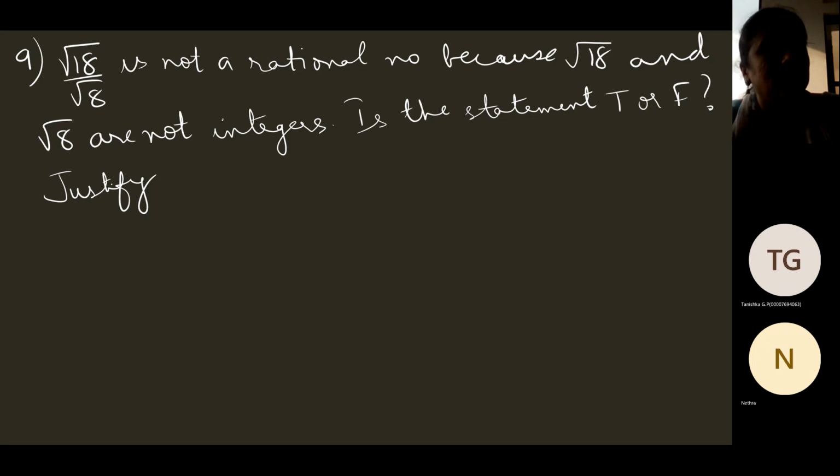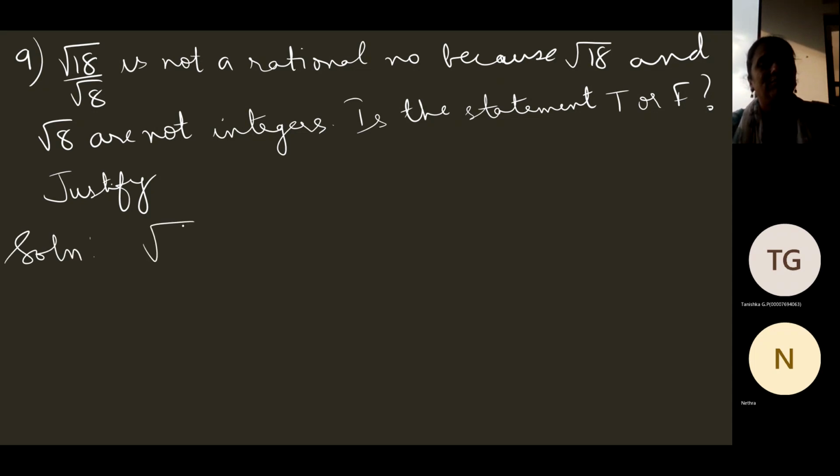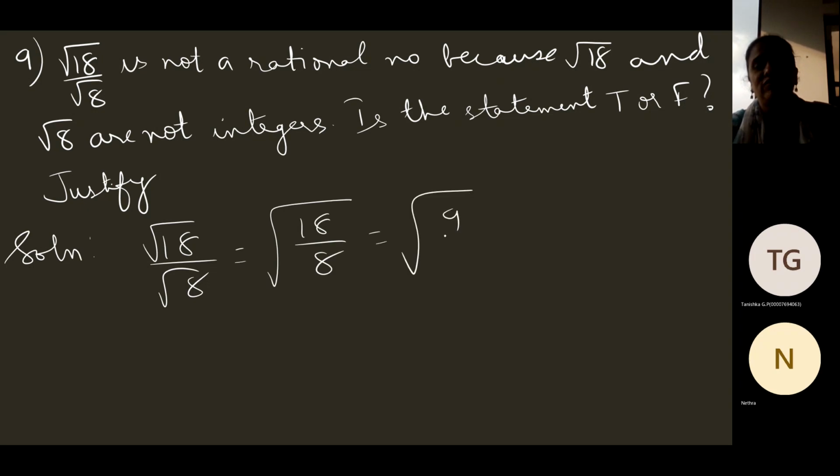Root 8 is not an integer. Because you should always simplify before you comment. Before you comment, you must simplify. Like this, you simplify, which is 3 by 2. And 3 by 2 is P by Q, integer by integer. It is rational. You must simplify and then give your comment.